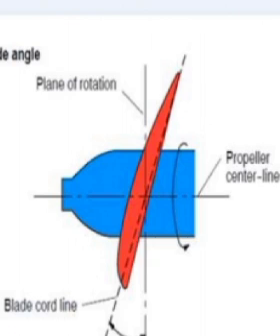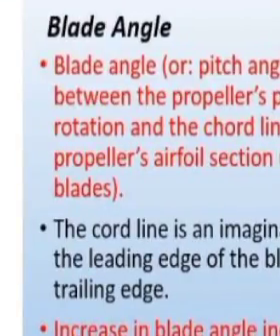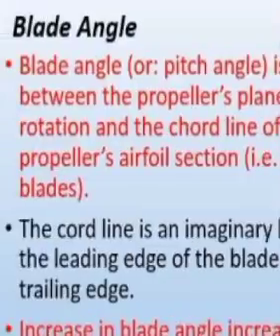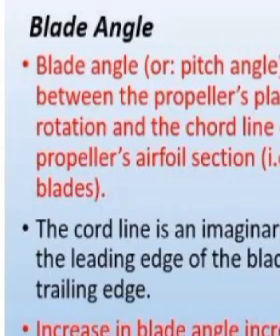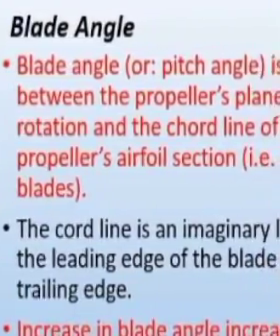So if you want to increase the thrust, you increase the blade angle. If you want to reduce the thrust, you reduce the blade angle. Reduction of blade angle results in less thrust, and increase in blade angle increases thrust.